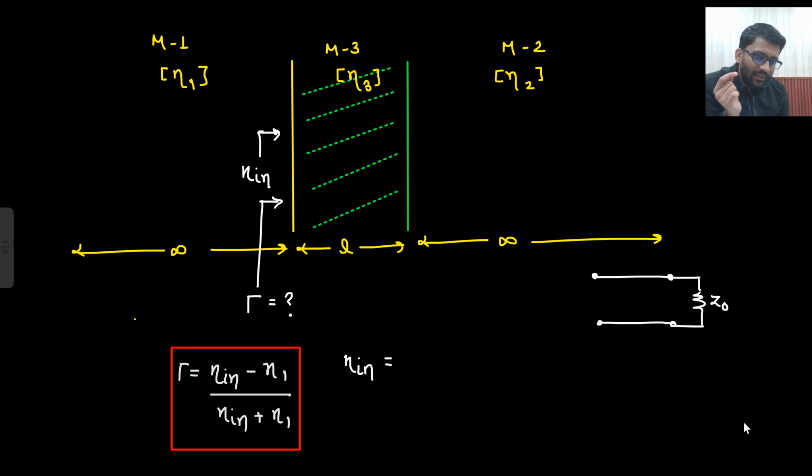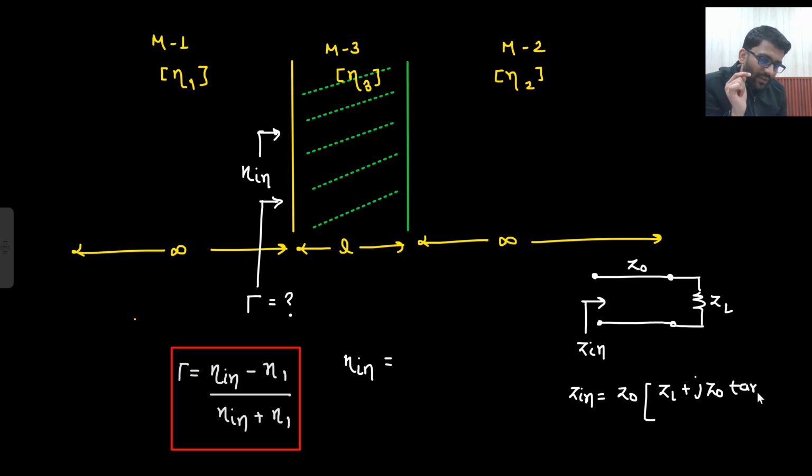This load was ZL, and the characteristic impedance of the transmission line was Z0. And we used to write down the formula of Zin. How did we write down the formula of Zin? That was equal to Z0 into ZL plus jZ0 tan beta L divided by Z0 plus jZL tan beta L.